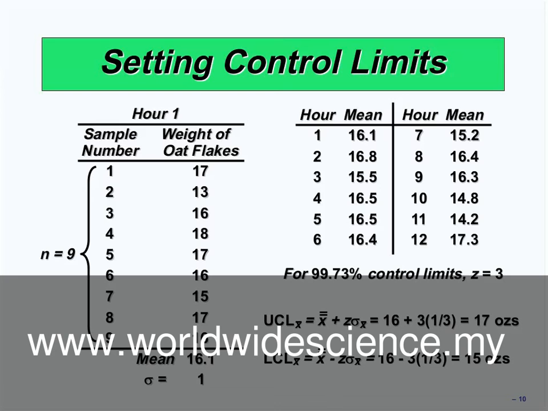We write the 3. Sigma x bar can be calculated like this: sigma divided by radical n.